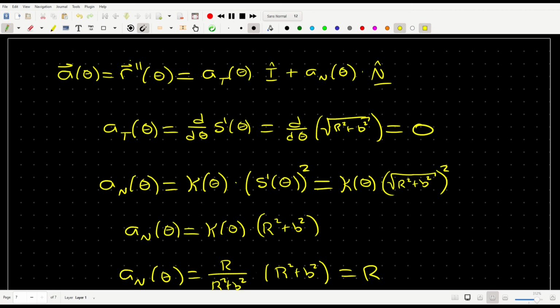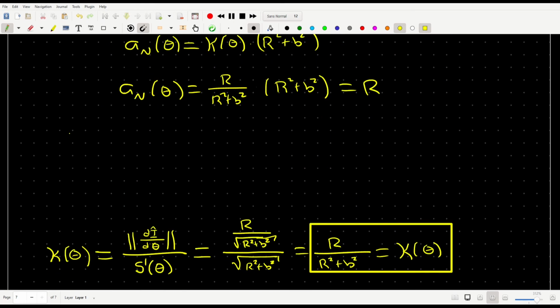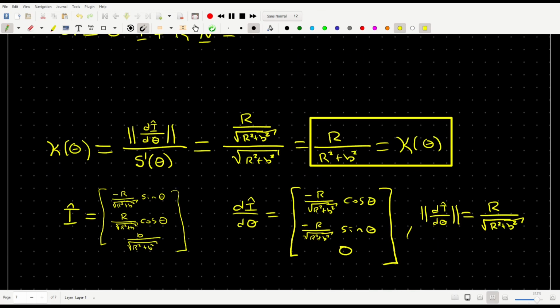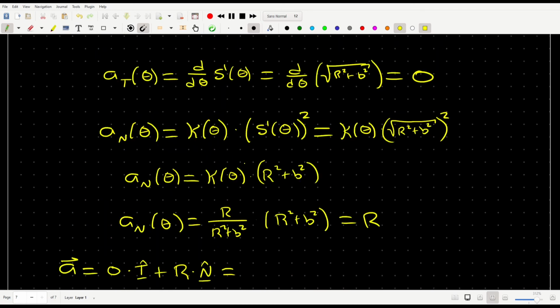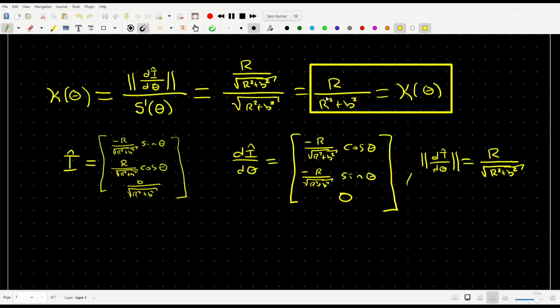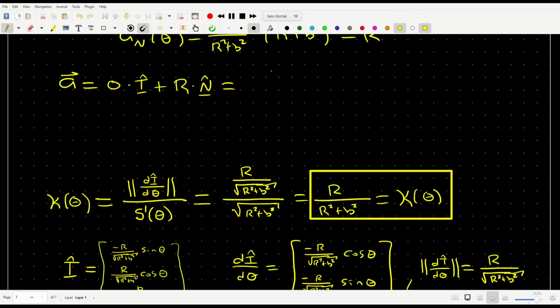And the acceleration vector then for our helix is always going to be 0 times T hat plus a_N of theta, which is r times N hat, which is going to be r times the vector negative cosine theta, negative sine theta, 0.